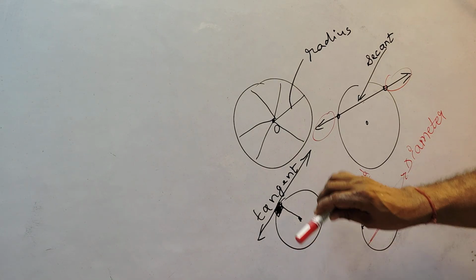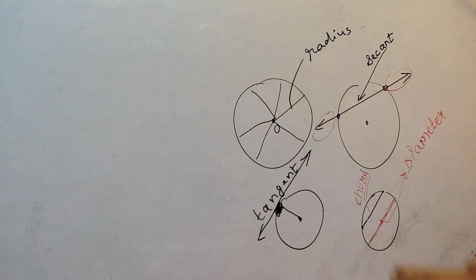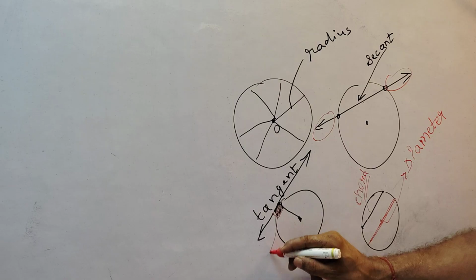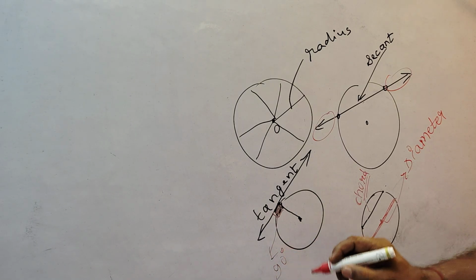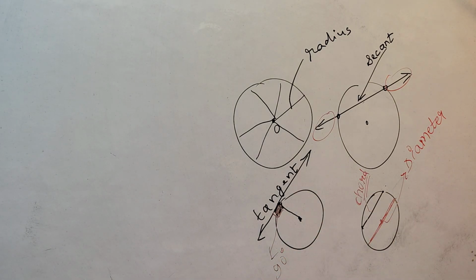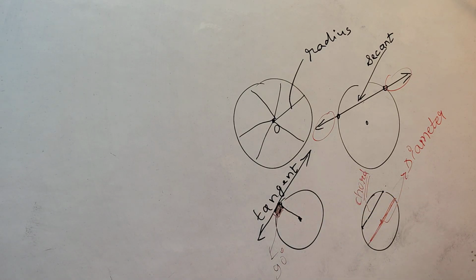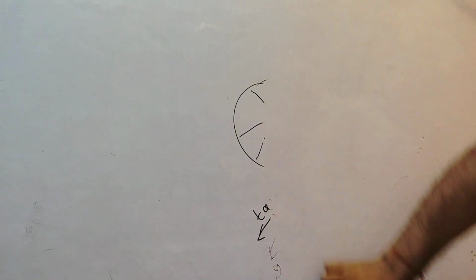So what is the angle between the radius and tangent of the circle? It is 90 degrees. This is the radius and tangent. This is a right angle, 90 degrees, or it is also called perpendicular. So tangent and radius, these are the terms related with the circle.